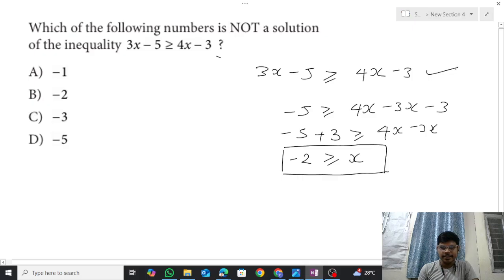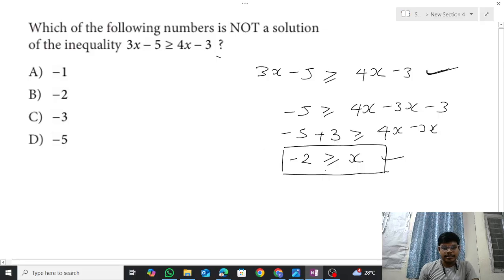For being a solution of this inequality, I need x to be less than or equal to minus 2. If any x doesn't follow that condition, that value cannot be a solution of this inequality.